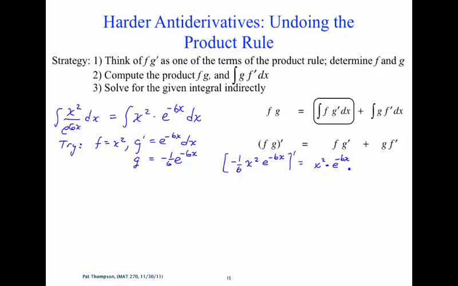And that's what we started with. So we're good there. And this is the term we need now, plus, what's this term? g times f prime. So negative 1/6 e to the minus 6x times f prime, which is 2x.